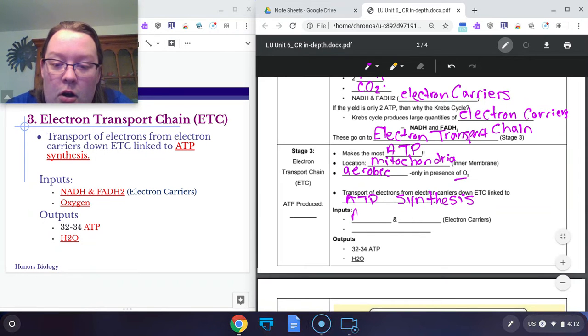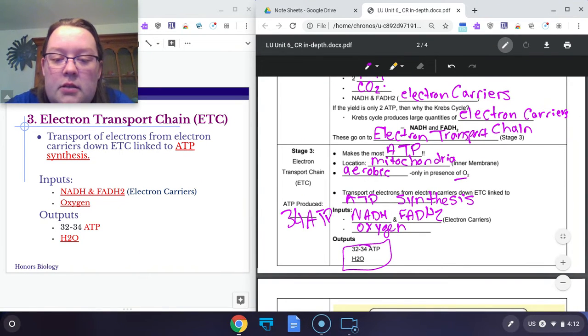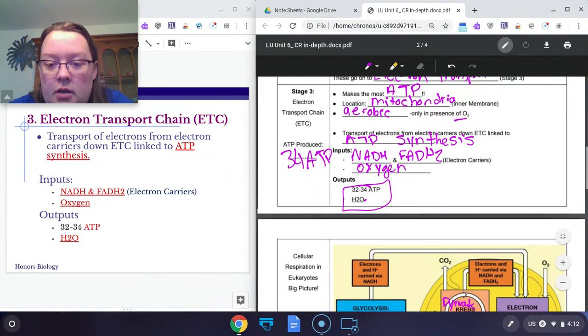So we put in all of our electron carriers, which again are NADH and FADH2, as well as oxygen because we are in the mitochondria. And this is going to make roughly 34 ATPs and water as a product. So it makes tons and tons of ATP.